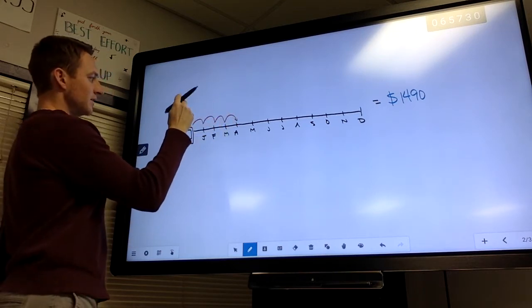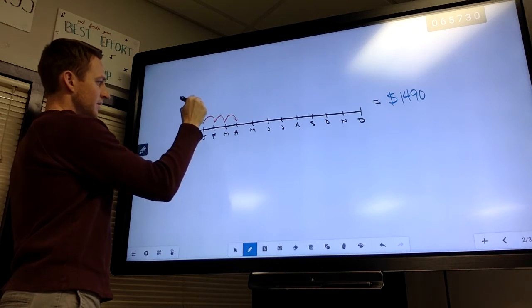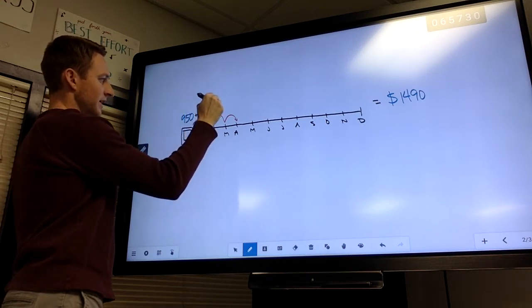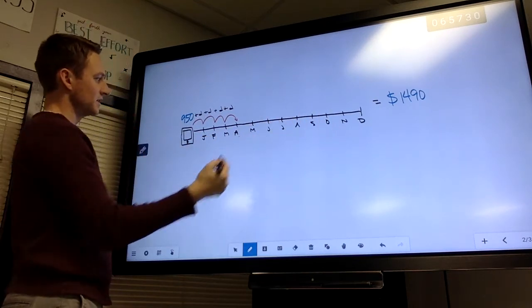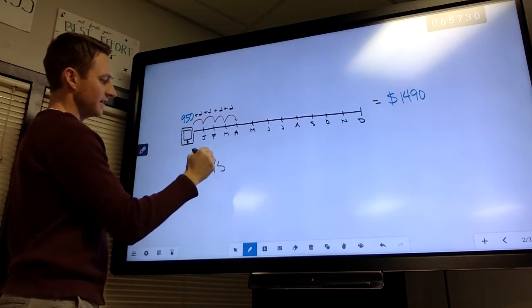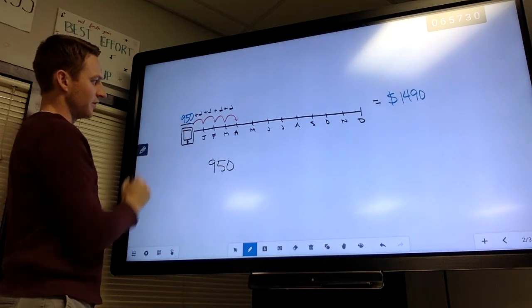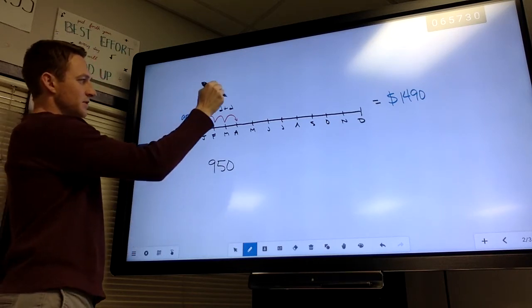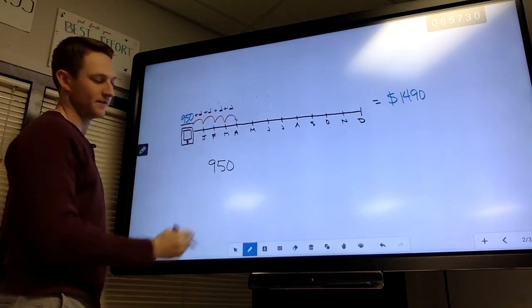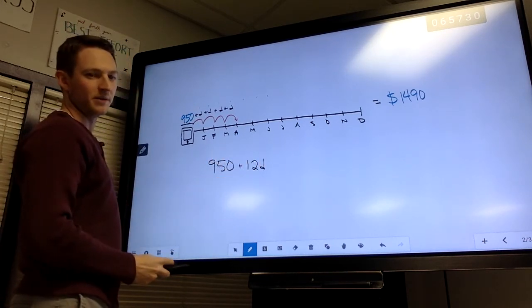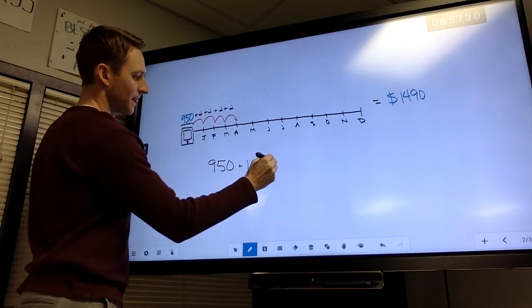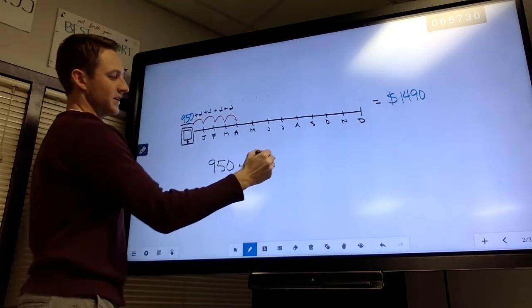So every month plus D, D stands for data, and we have how many of them? 12 months. So actually we have $950 because that's what we bought the phone for. And then how many times do we pay for data throughout this year? 12 times. So we have 12 data payments. And that's going to equal our total payment of $1490.